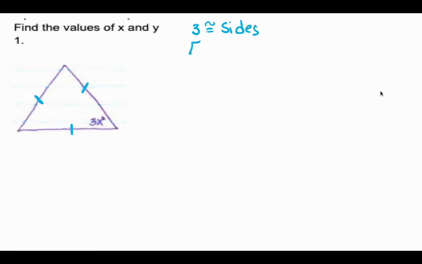This gives us an equilateral triangle. And according to our corollary, equilateral is going to be equiangular, which means that we're going to get three congruent angles.